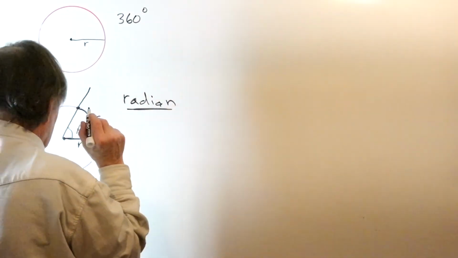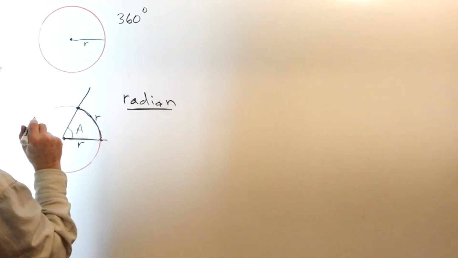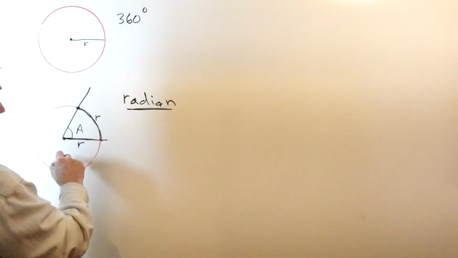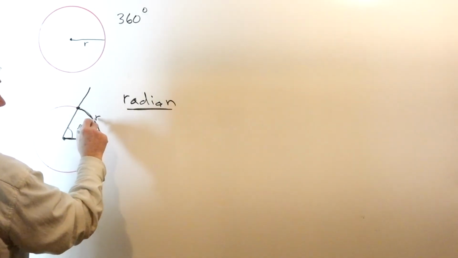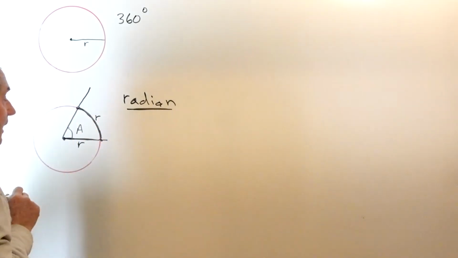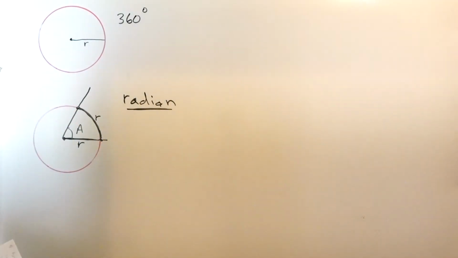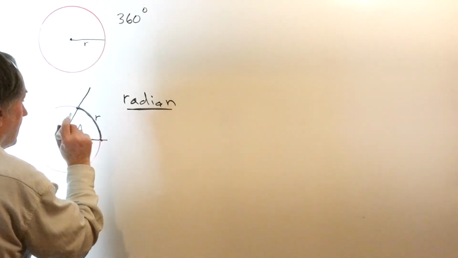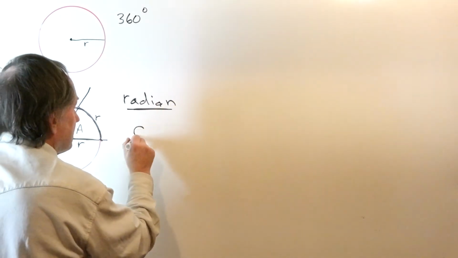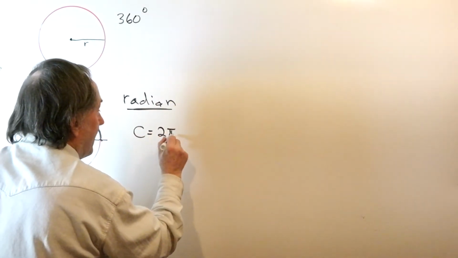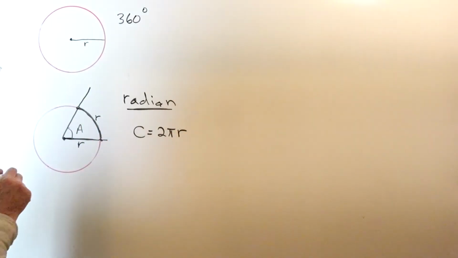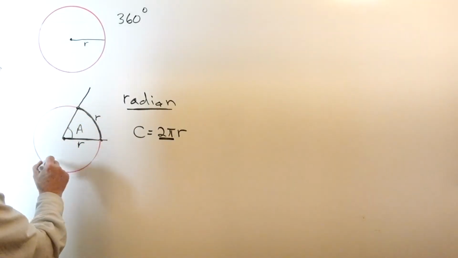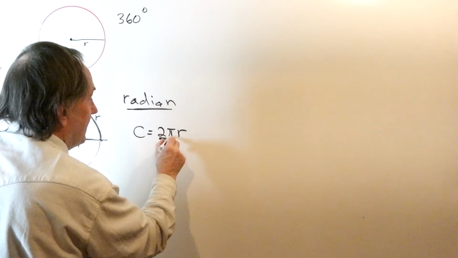Now, since the angular measure is related to the arc length on the perimeter of the circle, and since the perimeter or the circumference of the circle is 2 pi times the radius, that tells us how many radii will lay along the perimeter of the circle. Exactly 2 pi radii.